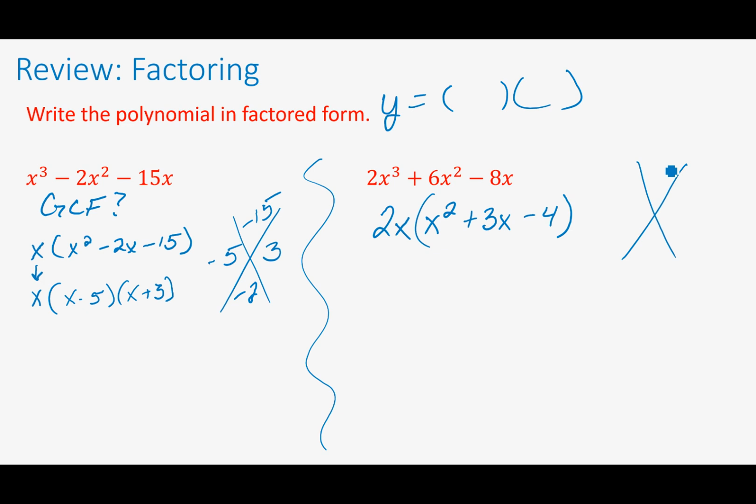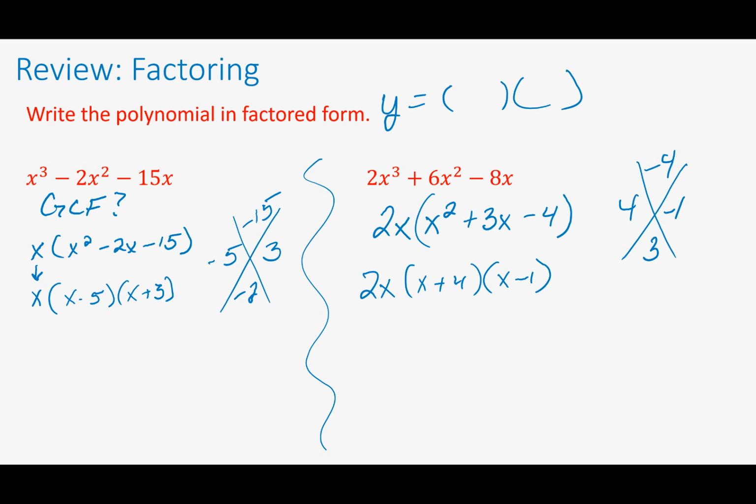All right, so now I have a quadratic. Two numbers that multiply to get negative 4 and add up to 3: 4 and negative 1. Because my coefficient on x squared was 1, I can immediately jump to say x plus 4, x minus 1, and I'm done.